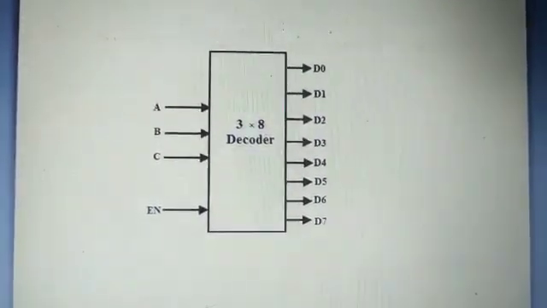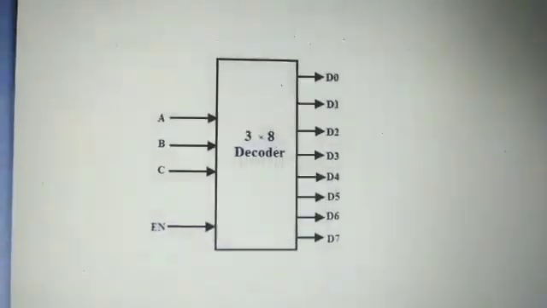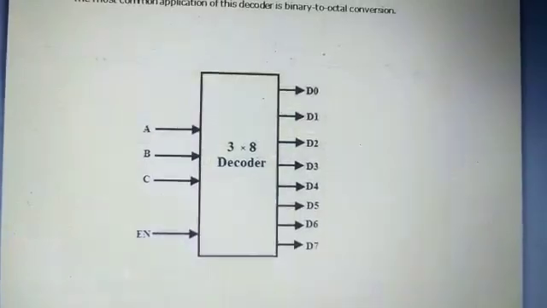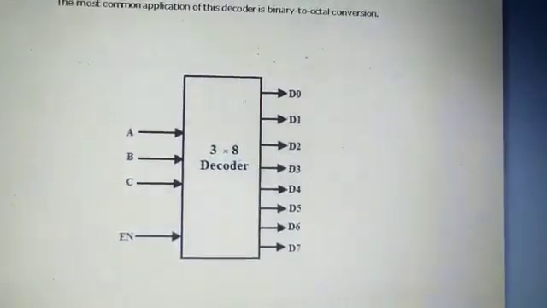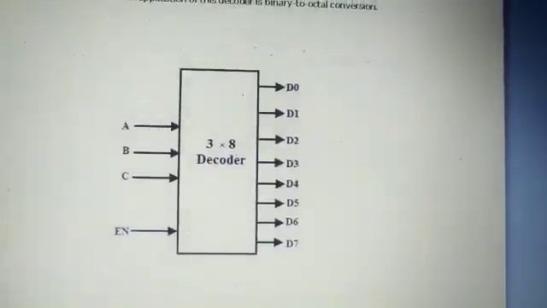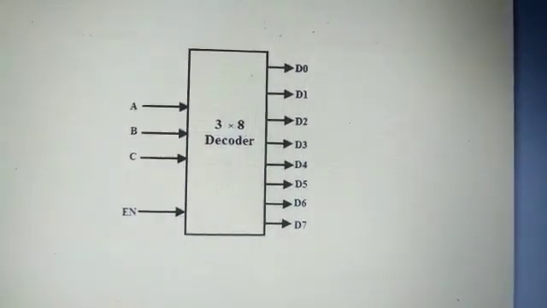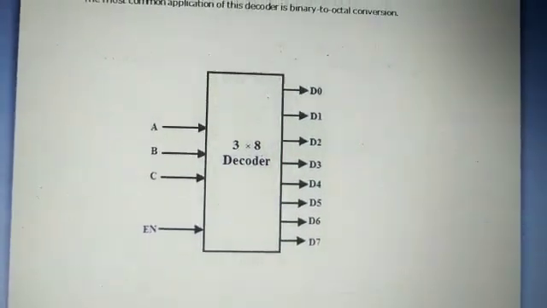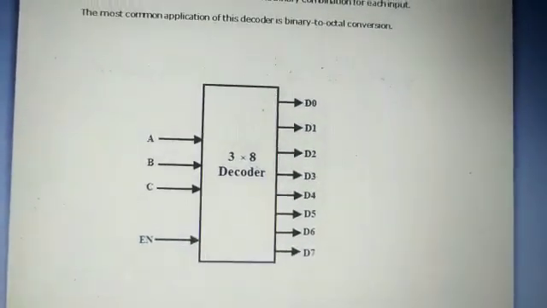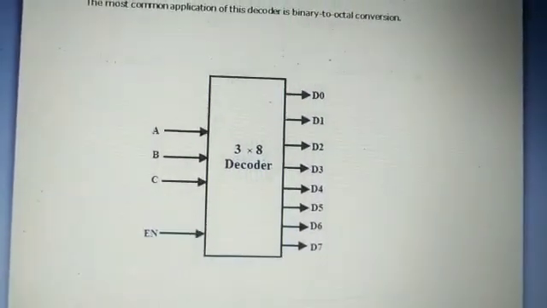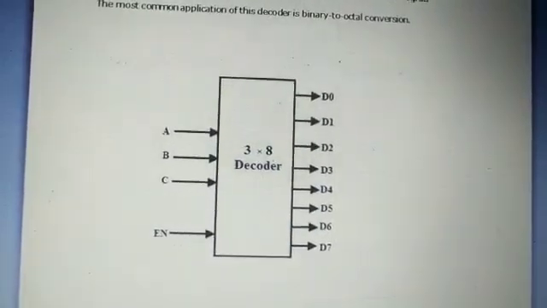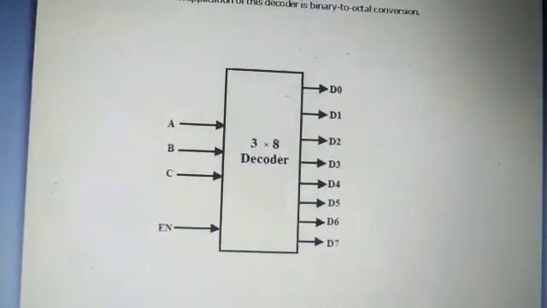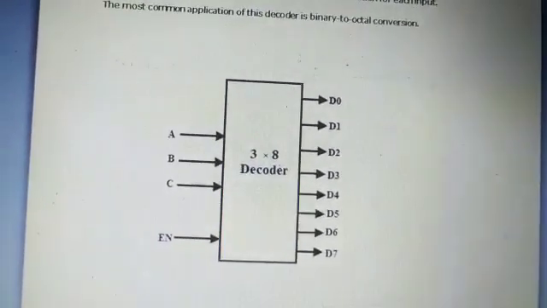What is the function of the enable input? Some decoders have one or more enable inputs which are used to control the operation of the decoder. With the enable line held high, the decoder functions normally and the input code X, Y, Z, or ABC, will determine which output is high.